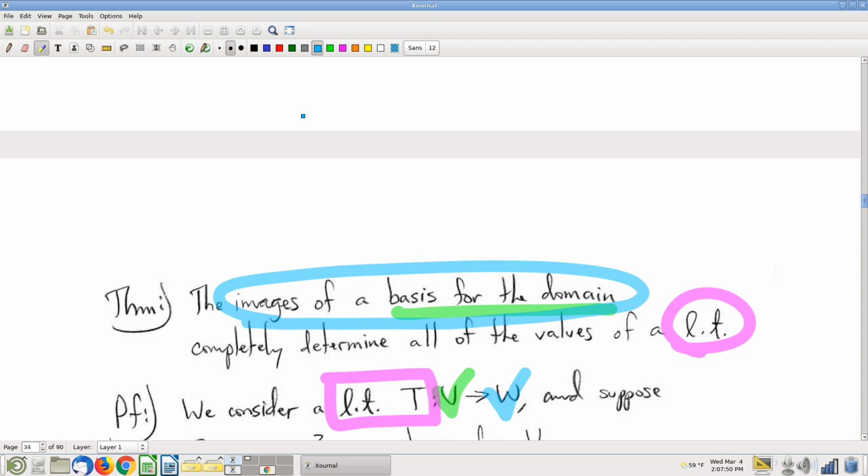I'm going to tell you the value of the function just at a small handful of values. And just from knowing the value of T at this handful of values, out of the infinitely many values that can go in, I'm going to then tell you all the output values for the whole function. It'd be like a dumb analogy, but let's suppose here's a card trick, and I give you a deck of cards, and I ask you to shuffle it all you want, cut the deck, what have you.